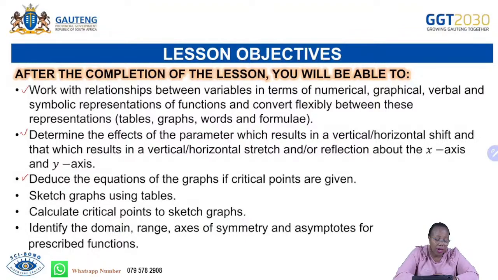You will also be able to deduce the equations of the graphs if critical points are given to you, and to sketch graphs using the table method or using your calculations, graphs that you are familiar with, and to calculate critical points to sketch your graphs, and also to identify the domain, range, axis of symmetry, and asymptotes of the prescribed graphs.